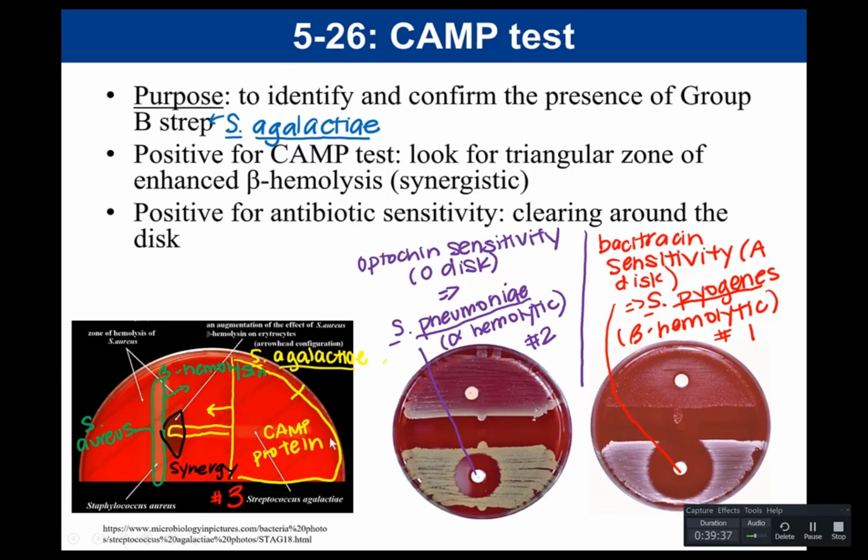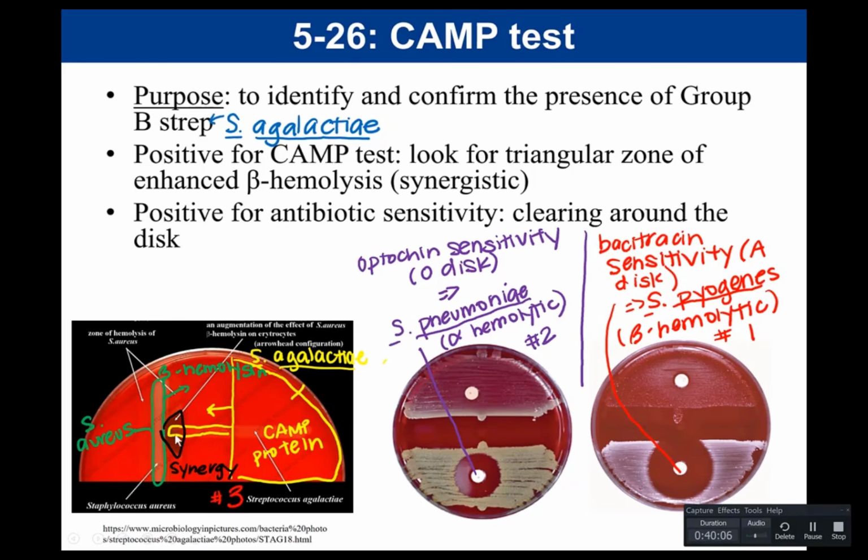Remember I told you you're going to take about half of your plate and streak a lawn, and that is going to be your unknown Streptococcus species. If that Streptococcus species is group B strep, which is Streptococcus agalactiae, this bacteria is producing a CAMP protein. This Staph aureus is producing that beta hemolysin, which is able to break down the red blood cells.